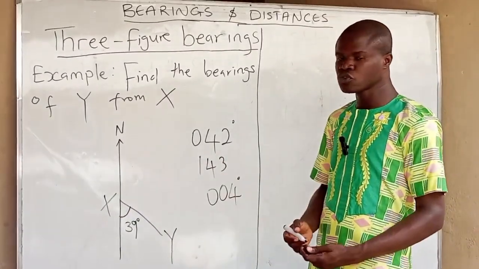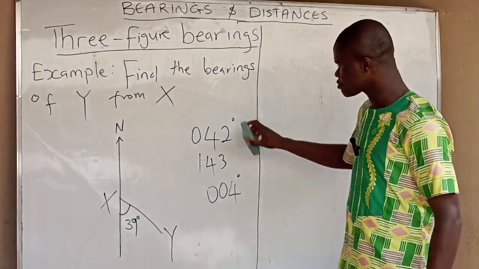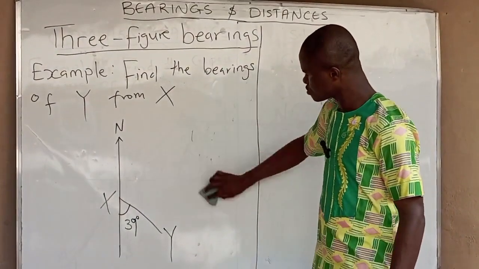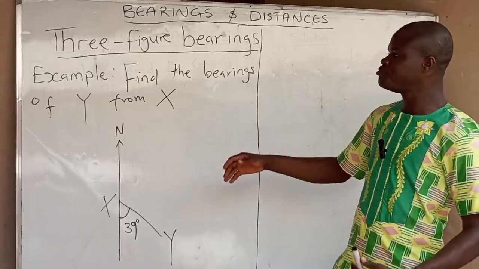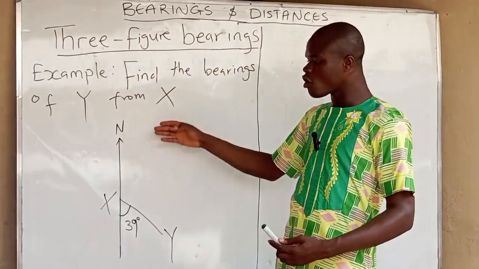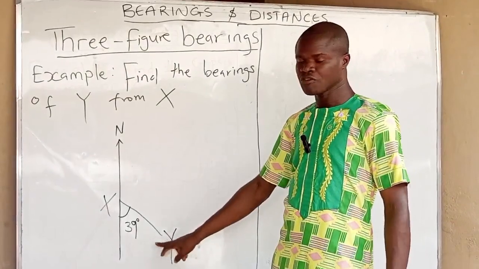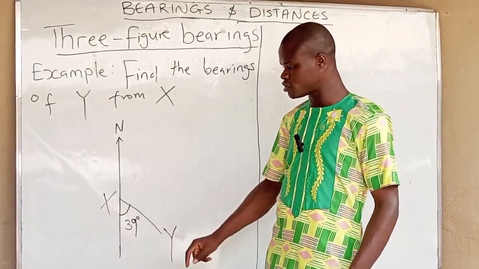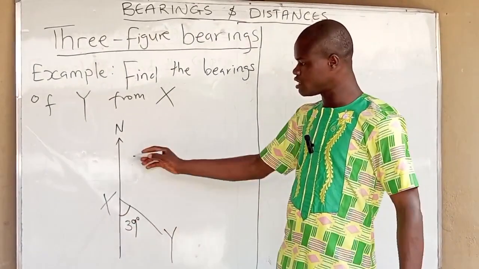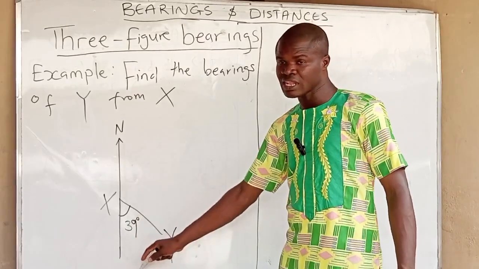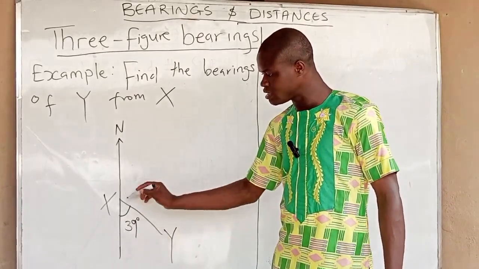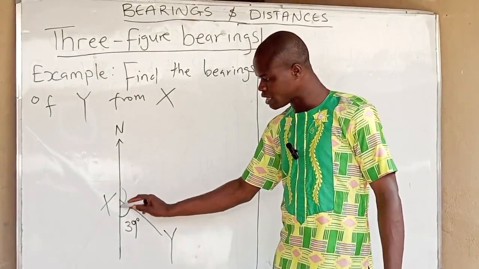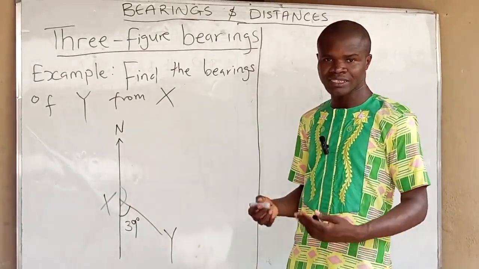So let's find the solution to this question. This question is asking for us to find the bearing of y from x. So this is y from x, and this is the point. We begin, this is the north, this is a straight line, and the angle on a straight line from here to here is 180 degrees.